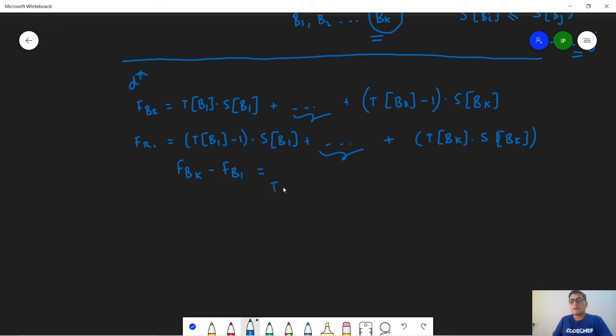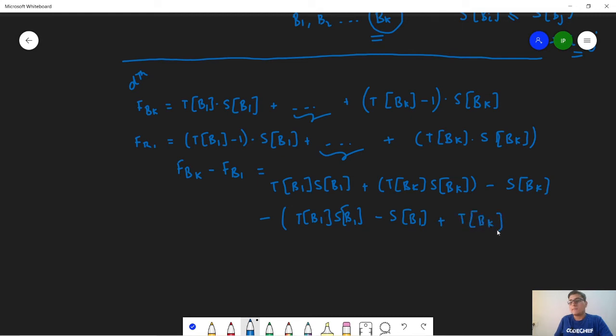Now we get T of B of 1 S of B of 1 plus T of B of K S of B of K minus S of B of K, and from the second equation we get T of B of 1 S of B of 1 minus S of B of 1 plus T of B of K S of B of K.